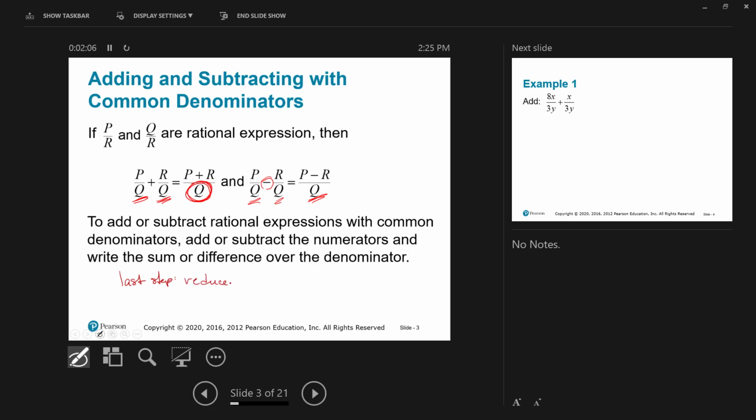And just like we discussed in multiplying and dividing these rational expressions, you need to make sure that there is multiplication in between those items that you're trying to cancel out. Multiplication is a must if you are going to do any kind of reducing whatsoever.